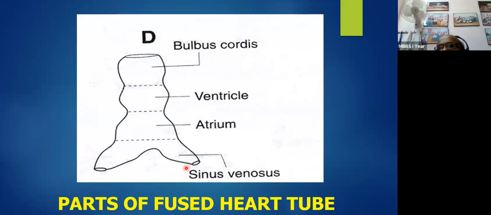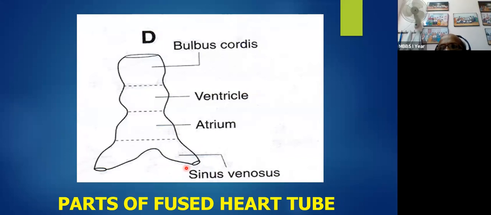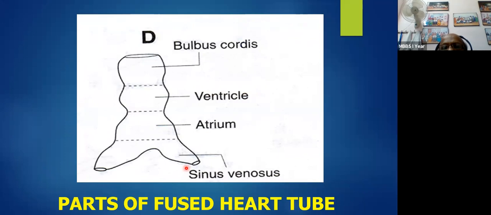So the right horn of the sinus venosus is getting enlarged and absorbed into the developing right atrium to form the smooth part of the right atrium. The smooth part of the right atrium is otherwise called the sinus venarum part. Am I correct? Yes, sir. So as it is derived from the right horn of the sinus venosus, it is called the sinus venarum part.